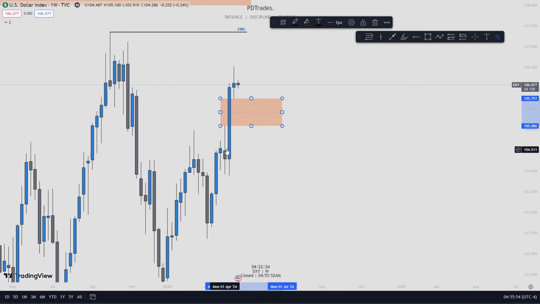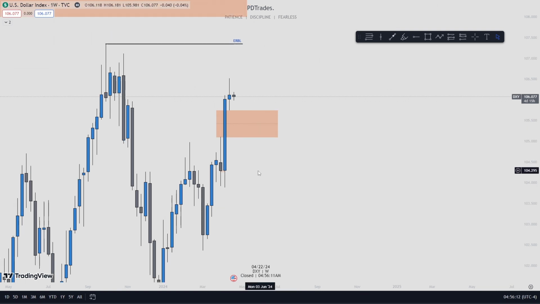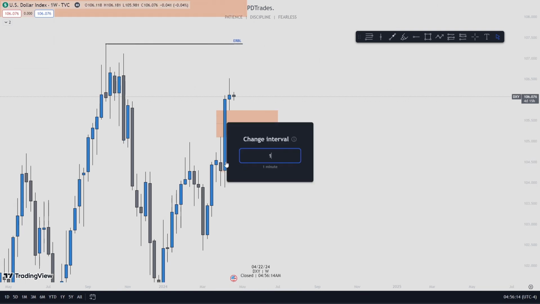You see that? There's an order block. And in that same area there is also this fair value, which will become my inversion fair value gap. So it might react to this fair value or this order block here. So I'm going to check on the daily time frame.